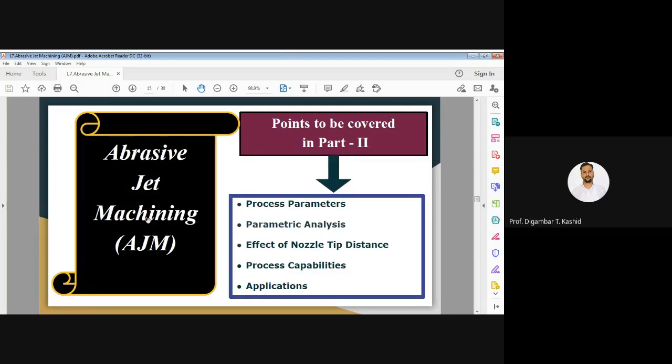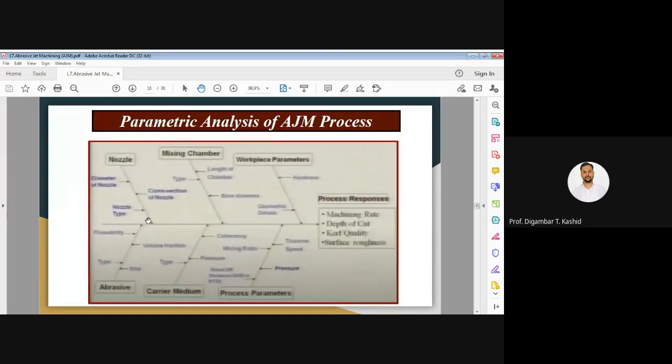It is important to understand the effect of various process parameters on the performance of the abrasive process. Here I will give a parametric analysis of the abrasive jet machine. Parametric analysis means what are the different input parameters which will affect the output or the process response.